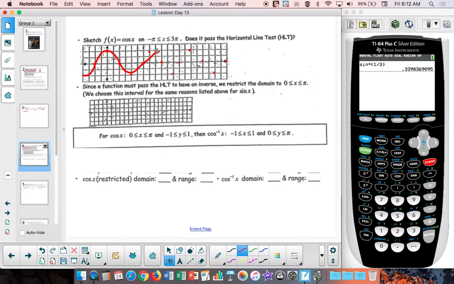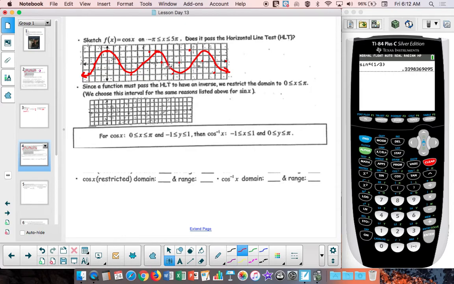Oh boy, I messed up. Ignore those dots, I messed up. Okay, so this is the graph of cosine from negative pi to 5 pi. And again, not going to pass the horizontal line test.